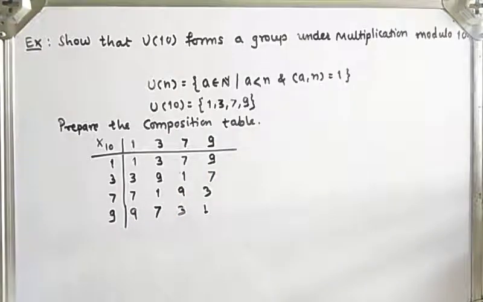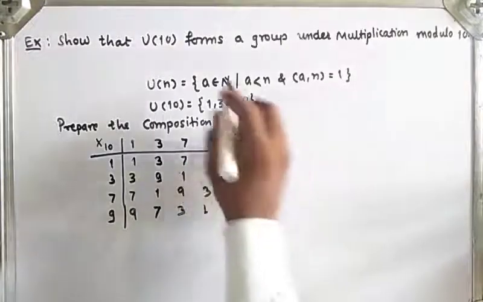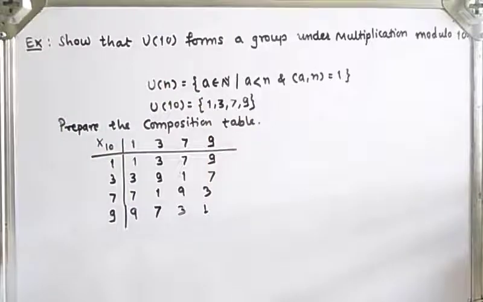The next property is associativity, meaning for any three elements, so here we have to check whether it forms a group or not, right? Note that multiplication is commutative and associative on U of 10, and the identity element also exists in this composition table.